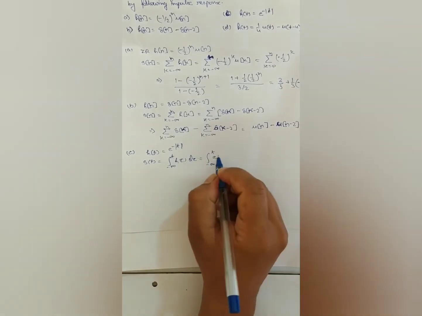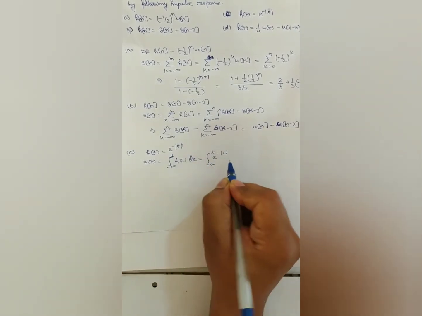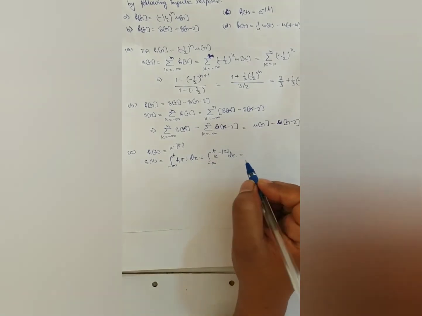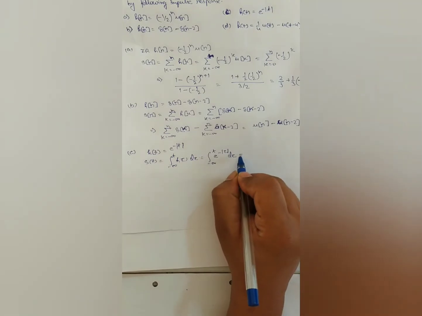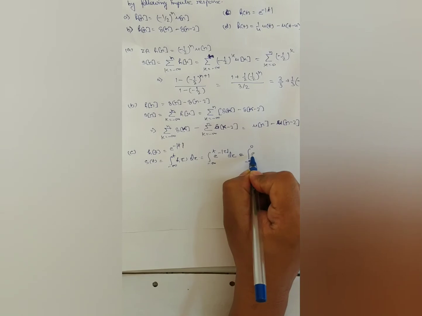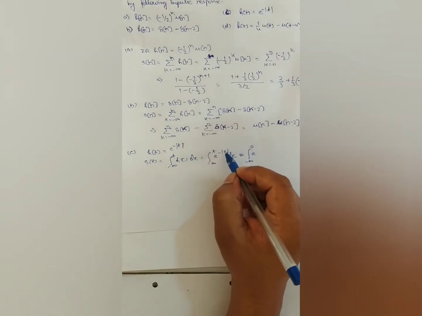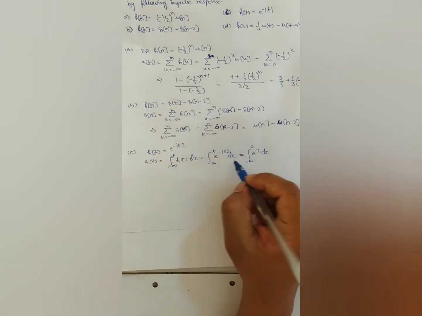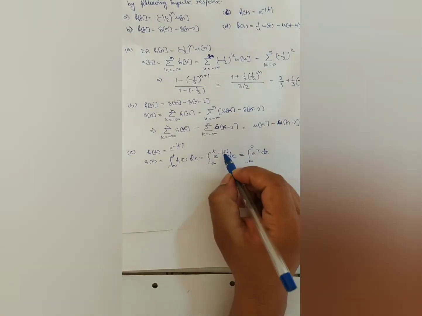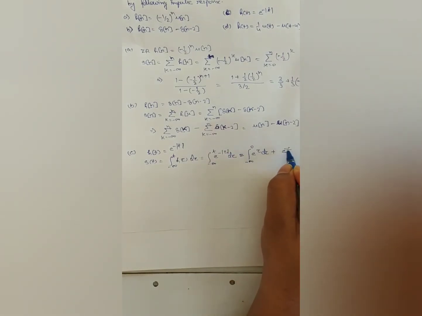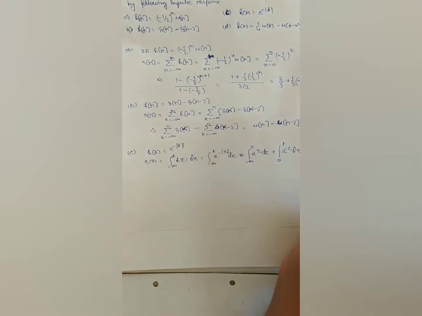The step response s(t) is nothing but the integral from minus infinity to t of h(tau) d tau. Now put this value, h(t) equals e to the power minus mod of tau d tau, and we integrate it in two parts. From minus infinity to 0, the term is negative, so negative times negative gives positive, e to the power tau d tau. For the case where t is greater than 0, it becomes positive, e to the power minus tau from 0 to t d tau.